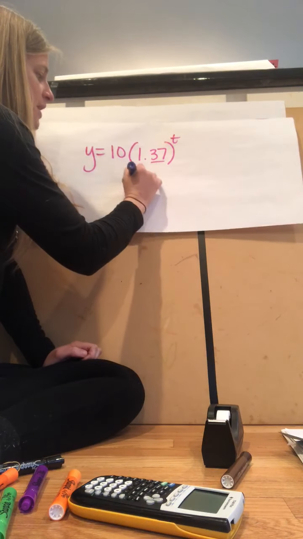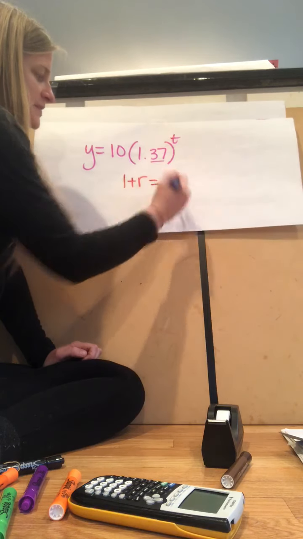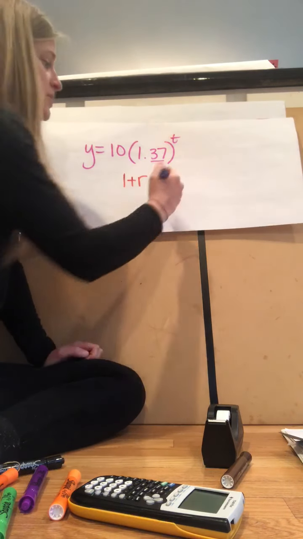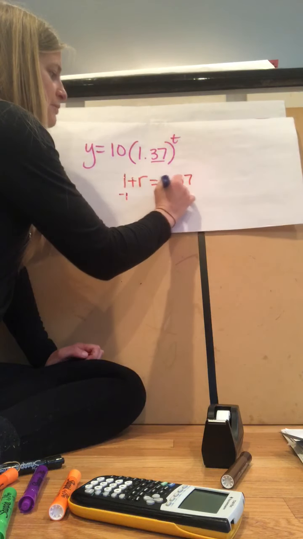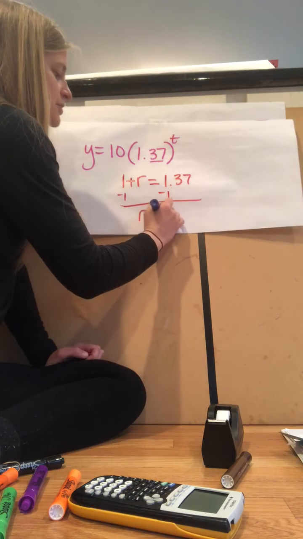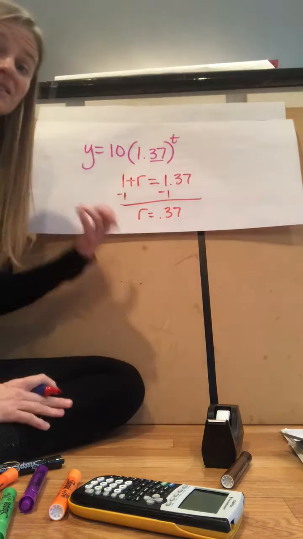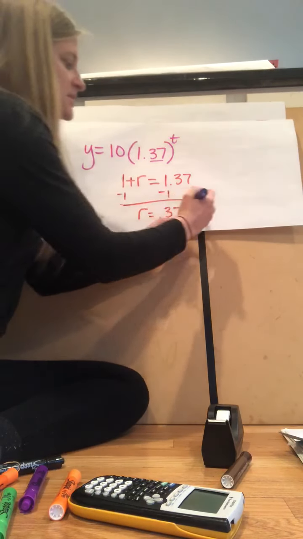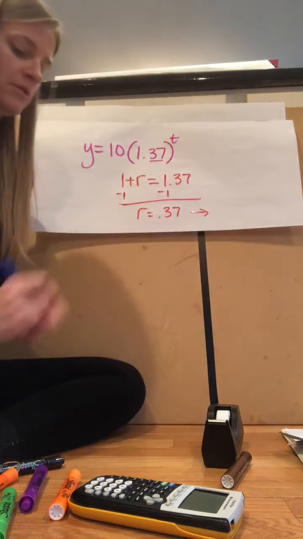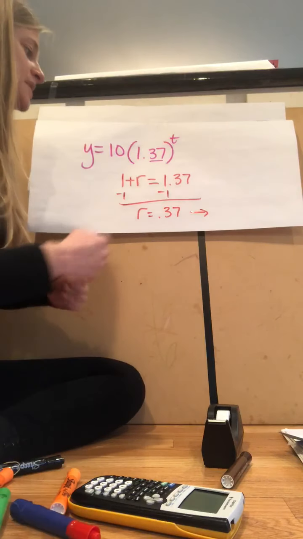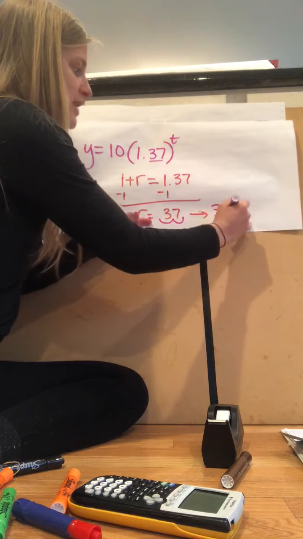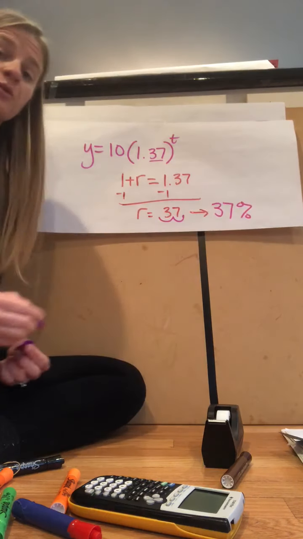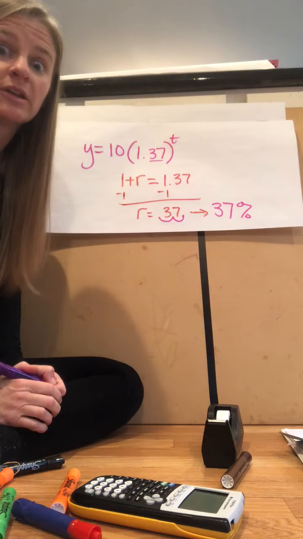This is 1 plus r inside of that parenthesis, according to our original equation, is 1.37. Subtract the 1 from both sides, we get r is equal to 0.37. That's the decimal. Turn it into the percentage, and we get 37%. So multiply by 100 or move the decimal in the other direction. That's 37%. It's quite a bit.